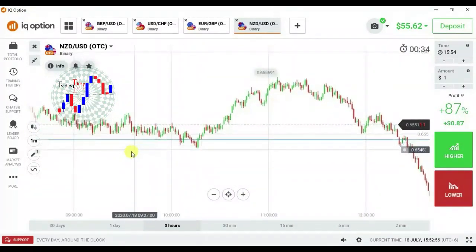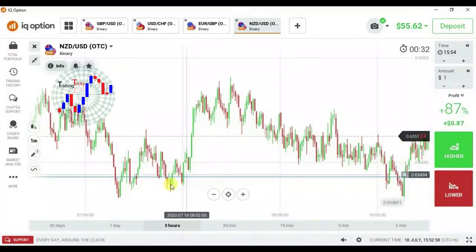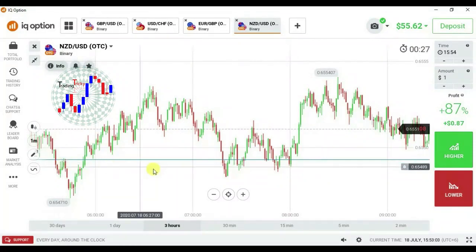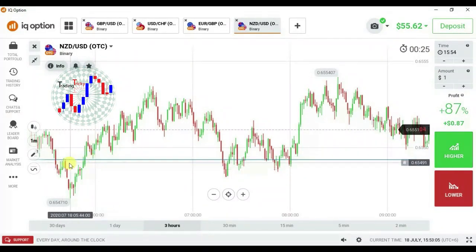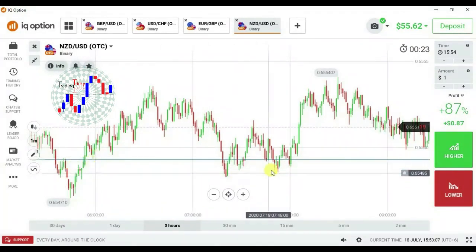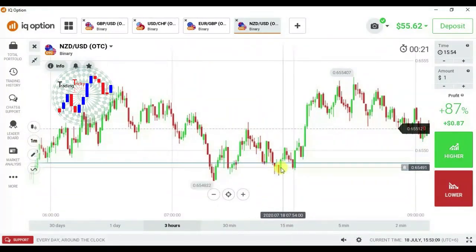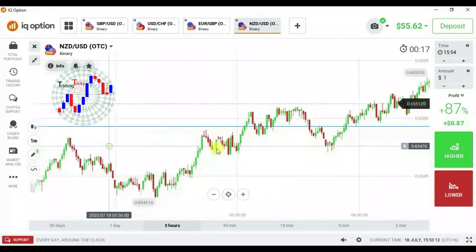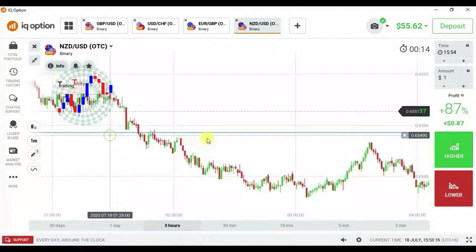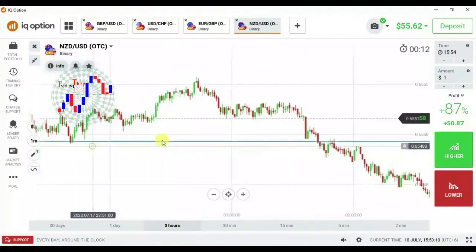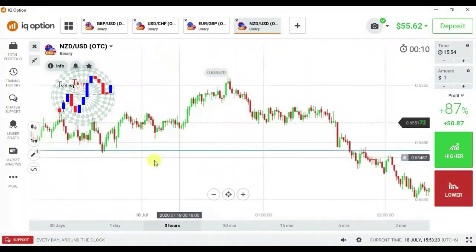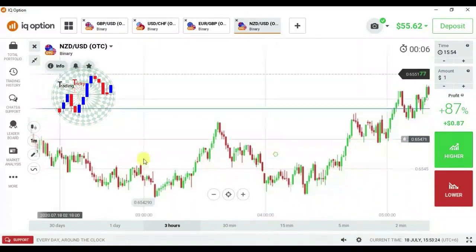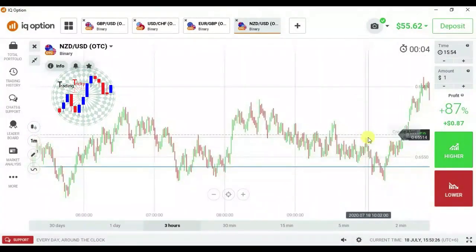So let's see, this is price action here. This is a support, it got resistance, it got support, and it got support. Then you can see strong price action on the line. I drew a line, but this can be an area.